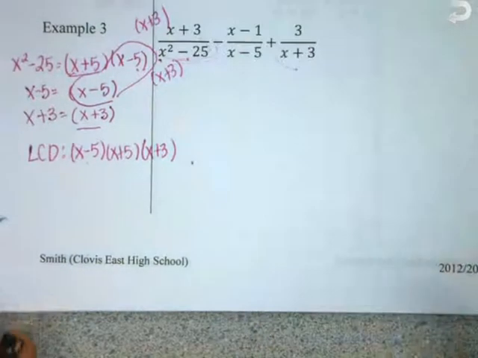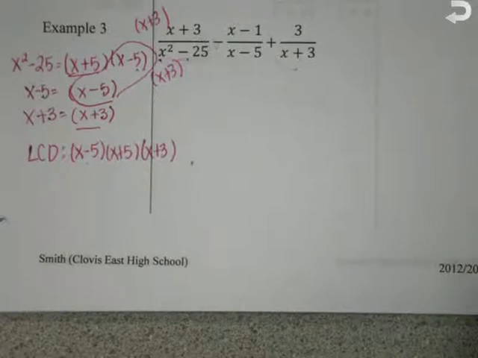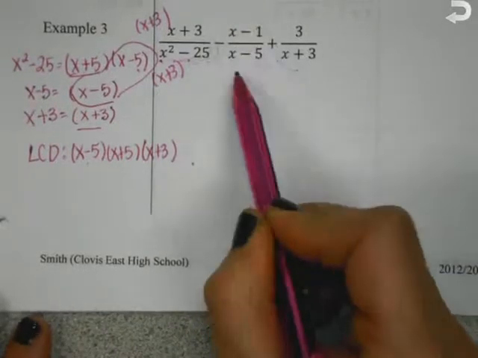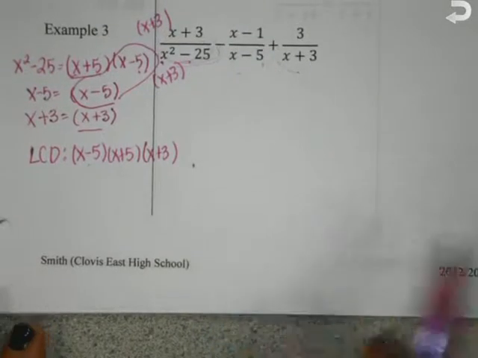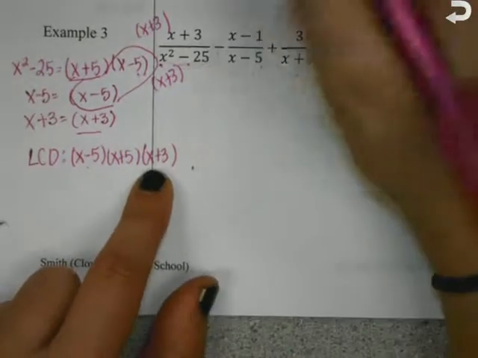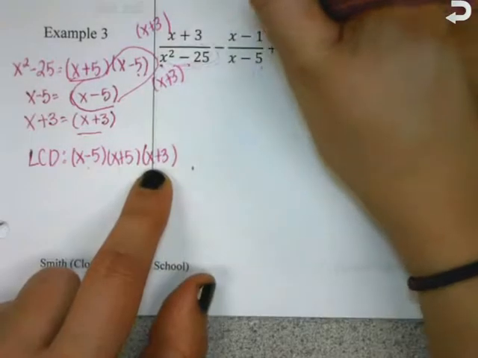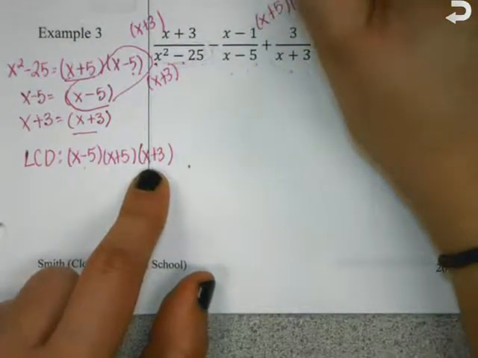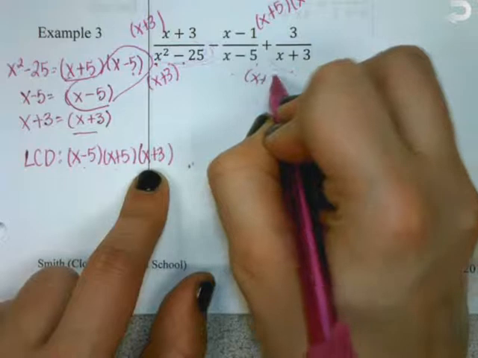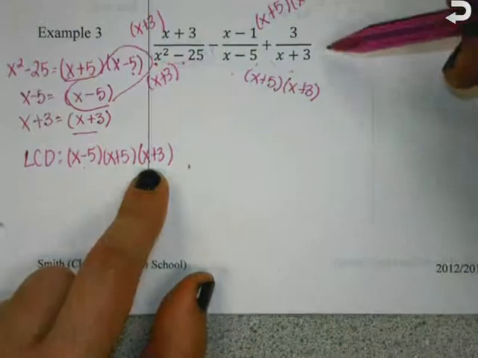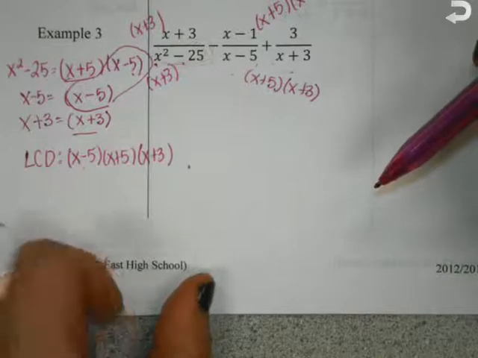Okay, the second term is x minus 5. So what are the terms that one is missing? X plus 5, x plus 3. So you're going to multiply top and bottom by x plus 5 and x plus 3. And then the last one is missing which term? X plus 5 and x minus 5. So you're going to multiply numerator and denominator by that.